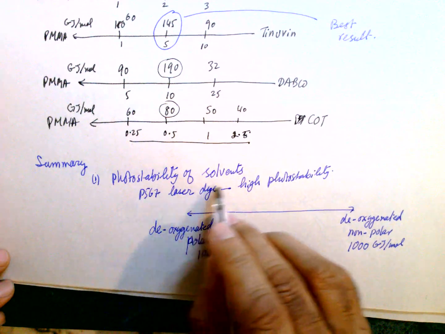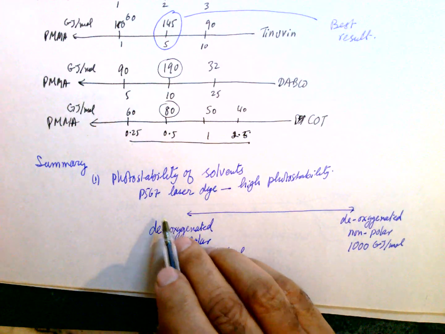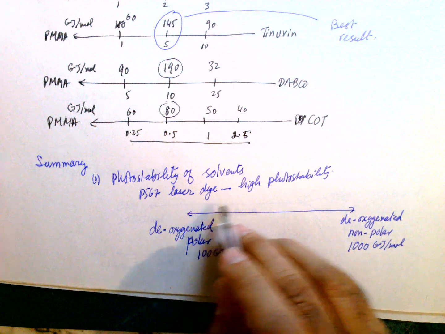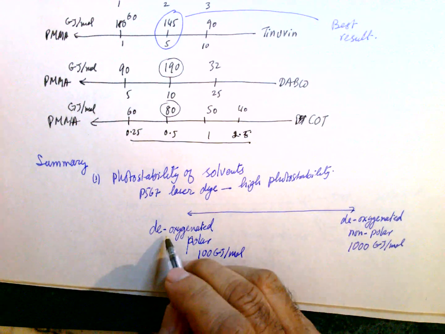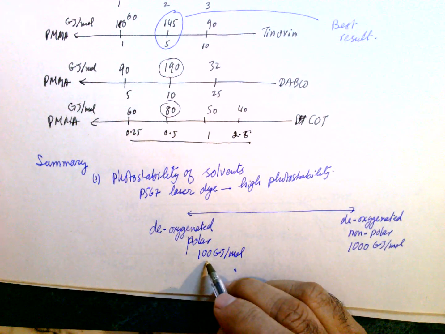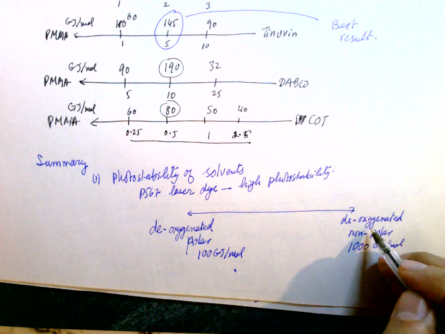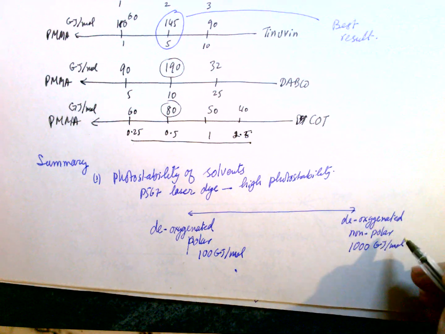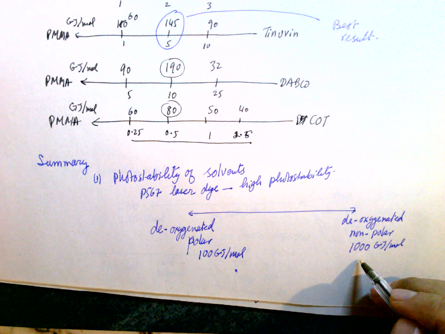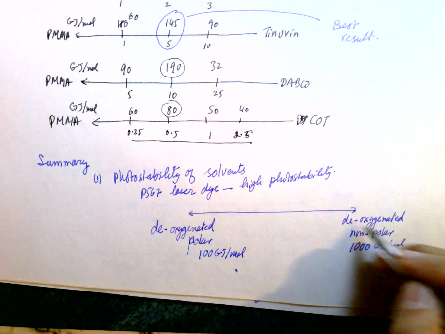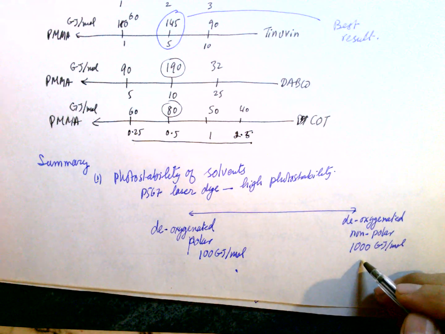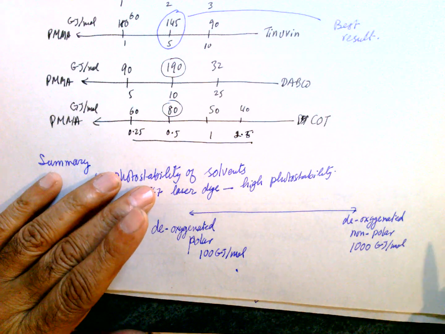So summary, photostability of the P567 laser dye: high photostability. Deoxygenated polar is 100 gigajoule per mole, and deoxygenated non-polar is 1000, 10 times more.